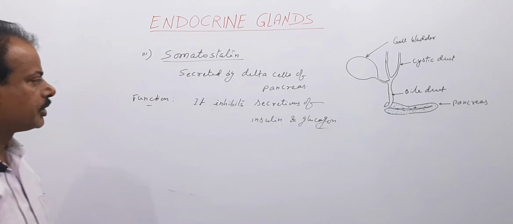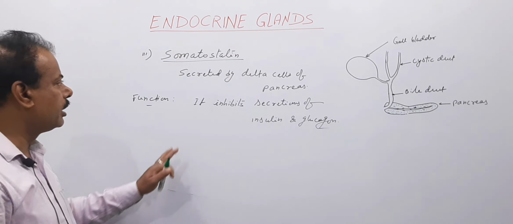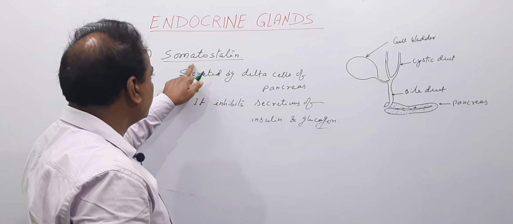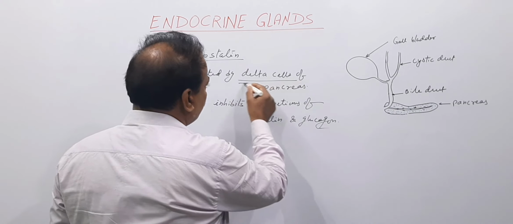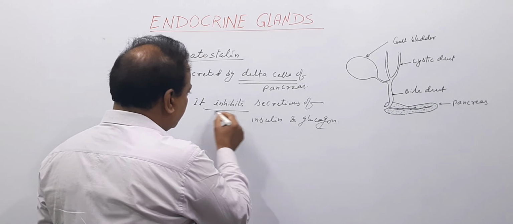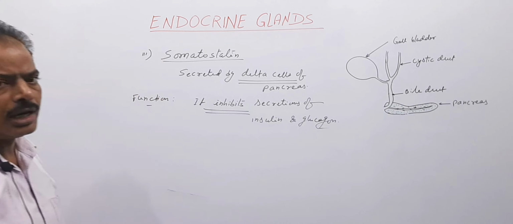So the secretion of insulin and glucagon can be maintained by the presence of somatostatin, which is secreted from delta cells of the pancreas.